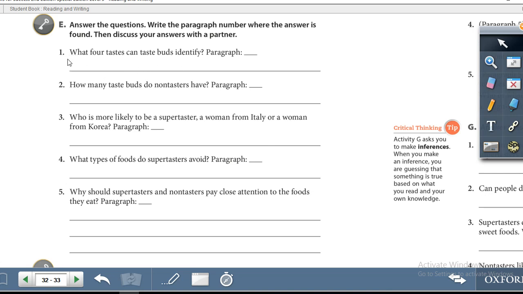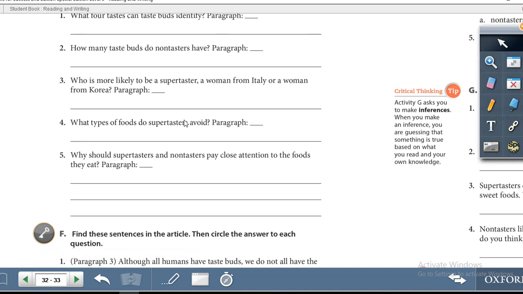Say for example, the answer comes from paragraph number 1. I will write number 1 where it says paragraph, and then I will write the answer. What 4 tastes can taste buds identify? I will write my answer over here.